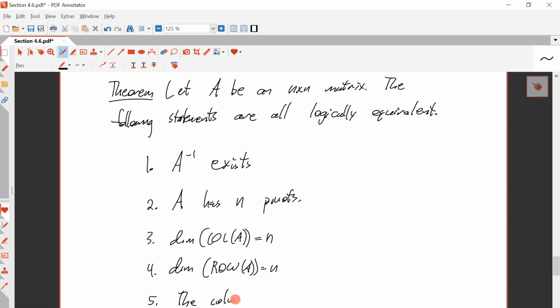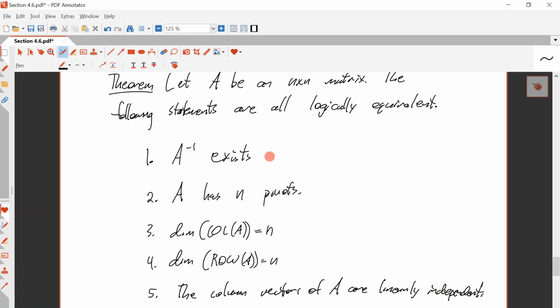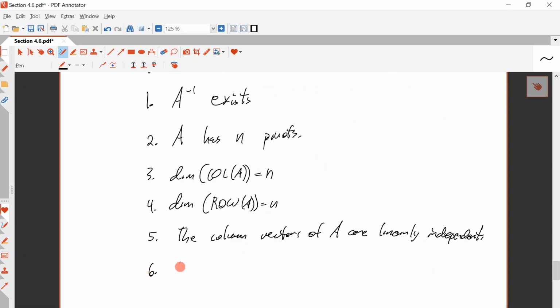The column vectors of A are linearly independent. The row vectors of A are too, because there's a pivot in every row.